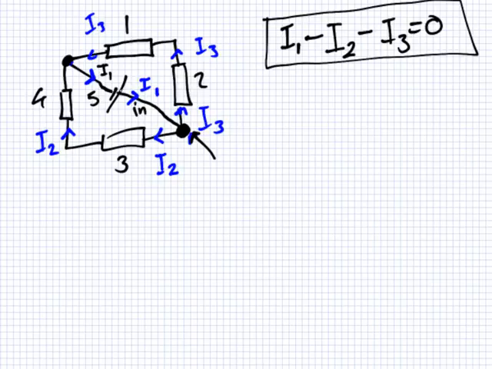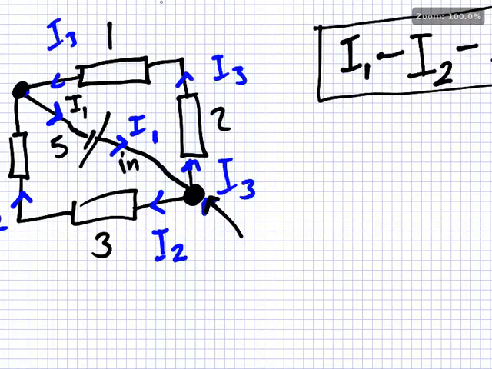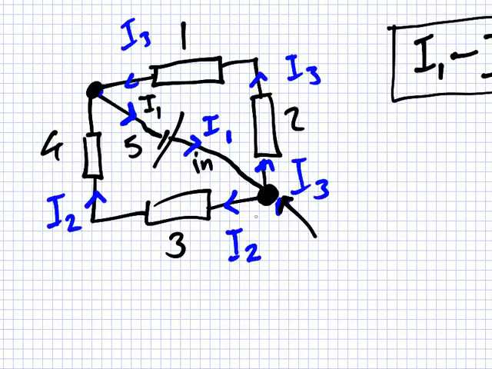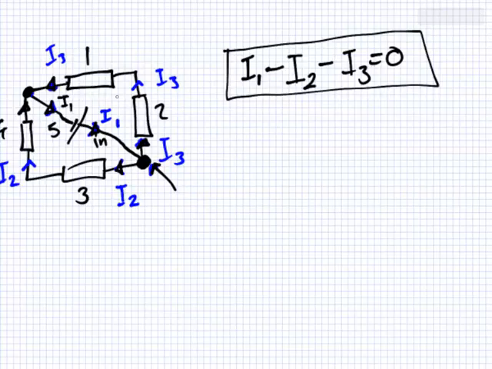I1 goes out, goes in. I1 is here, in the middle. And then here, this is I3 and I2. I2 and I3 together. And then back here they add together and go back to I1. And equals 0.